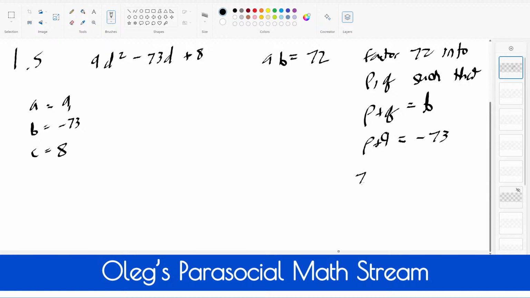In that case, it's going to be negative 72 plus negative 1, which gets us negative 73. As you can see, negative 72 times negative 1 is going to give us 72, and negative 72 plus negative 1 gives us negative 73. So that was an easy one, right? They just gave that to us.